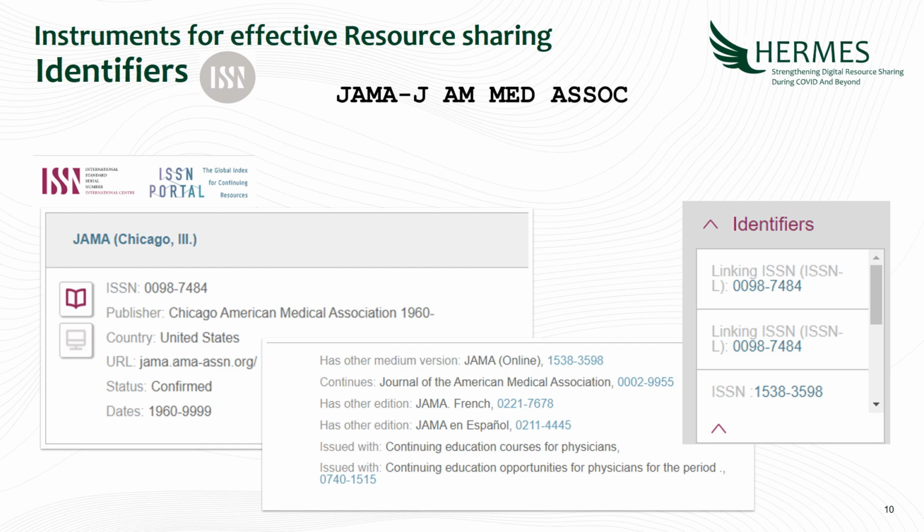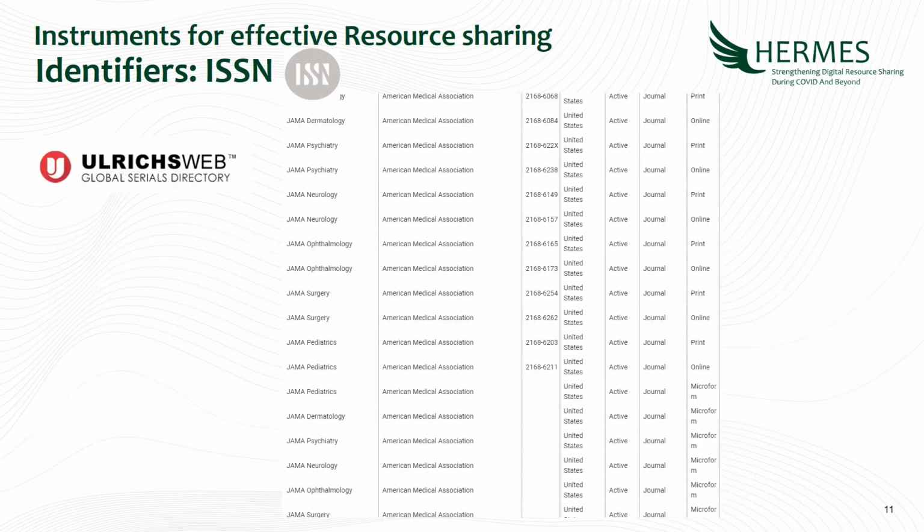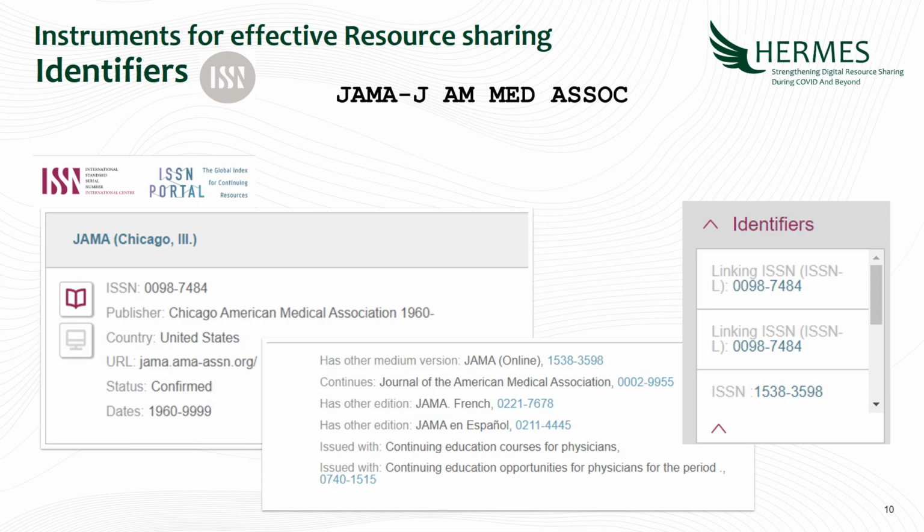There are many versions of this journal in different languages, in different formats, and it has a multitude of series. And there is a specific ISSN for everything. This is a mess. But when you find the good one, you can look for this journal easily in the catalogs.